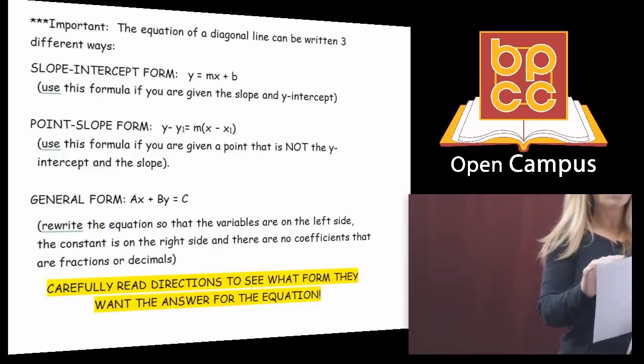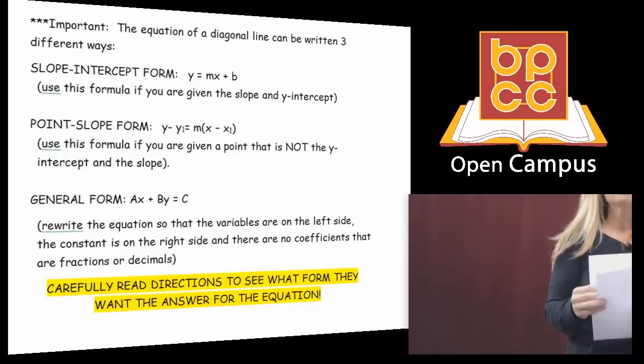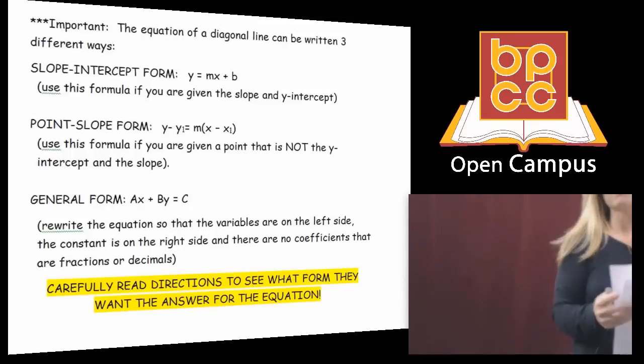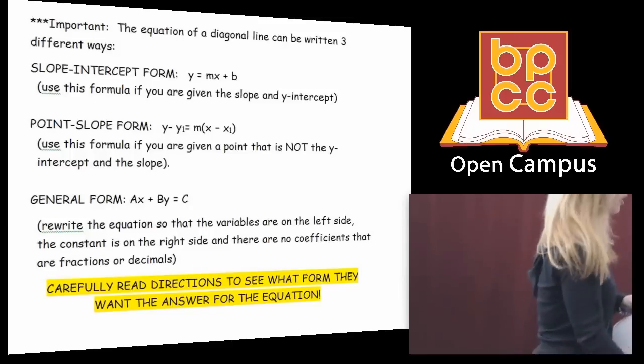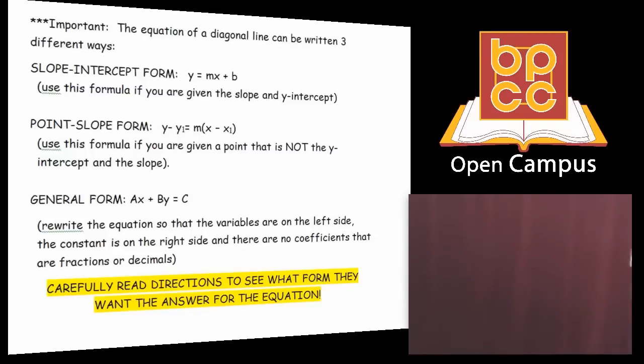Now, you will know to use that formula when you're not told the y-intercept. Do you all see there's no letter b there? That means you don't know what the y-intercept is. And that formula is called point-slope for a reason. I will give you as the clues a point and just the slope. But the point I give you will not be the y-intercept.